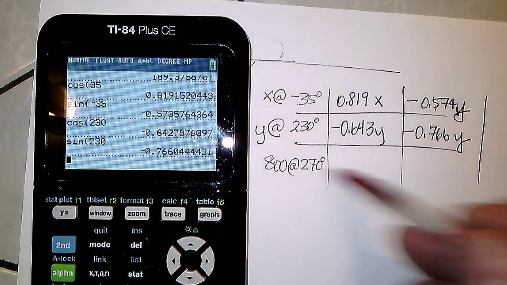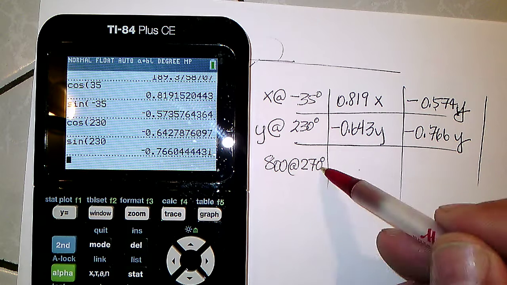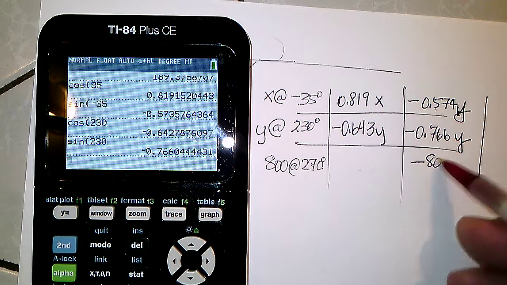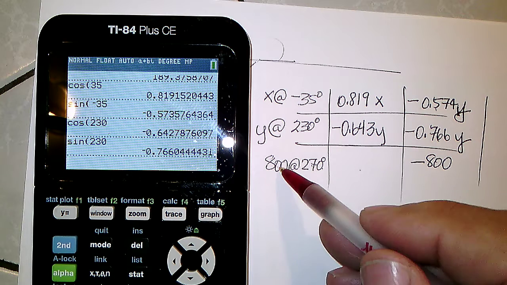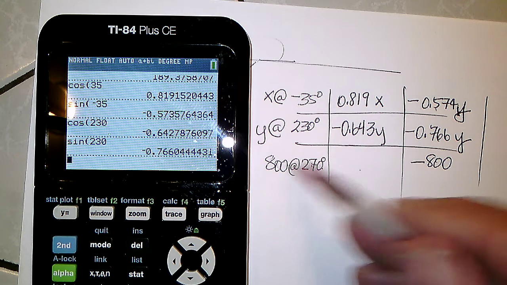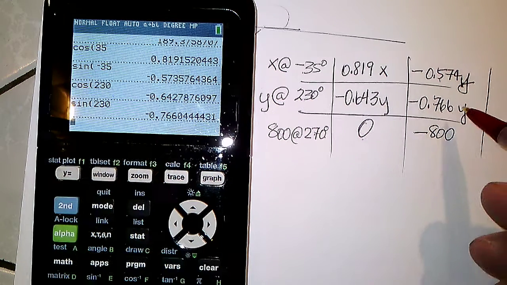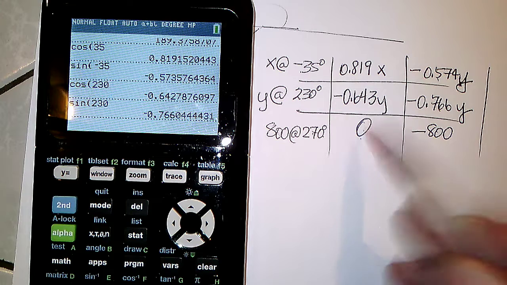And this plus this has got to equal this one. Well, 800 is not sideways, it's straight down, so it's negative 800. When I take 800 sine of 270, 800 cosine of 270 is 0. So this plus this has to be 0.